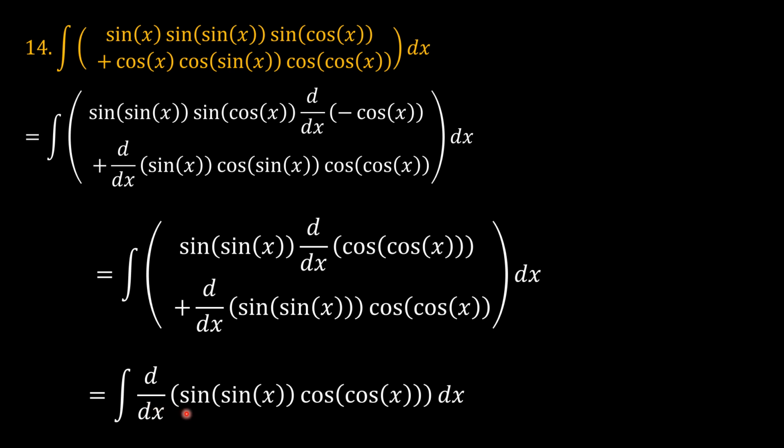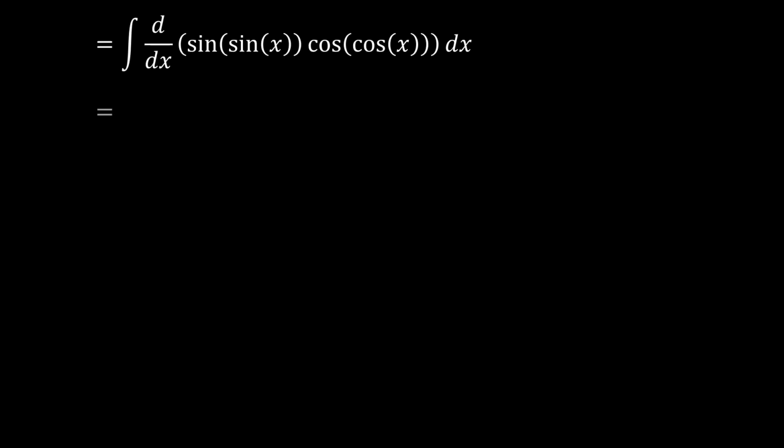So we can now express this as the derivative of the product of sine of x and cosine of x, and that allows you to see that you have a derivative under the integral sign, an integral being an antiderivative, so the procedures cancel each other, and we are left with just sine of x times cosine of x as our answer. And the integration constant obviously is not to be forgotten.